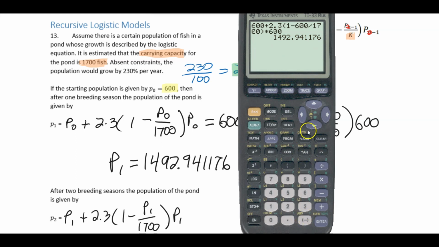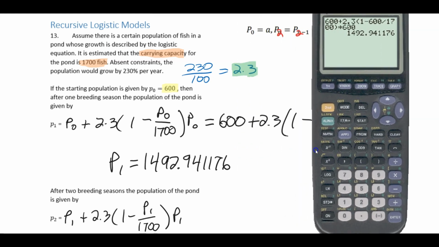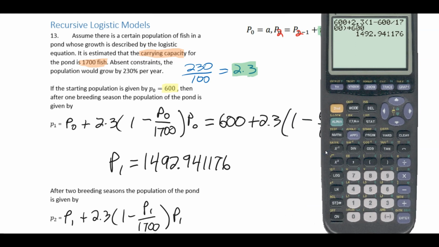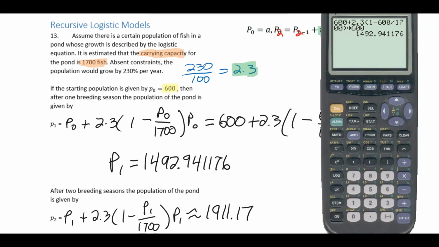Or you could type it in. But one way or the other, after you plug this all in, we get 1911.17, rounded. And that's typing the whole thing in.